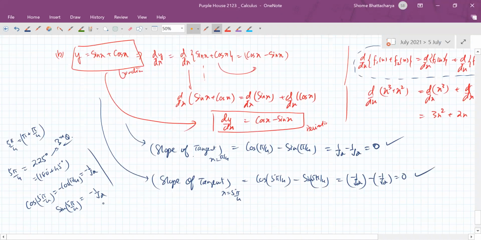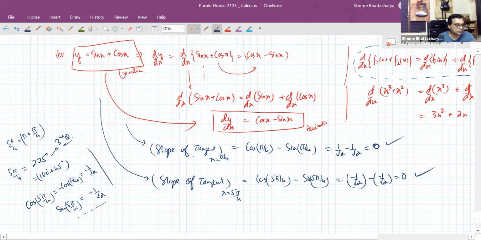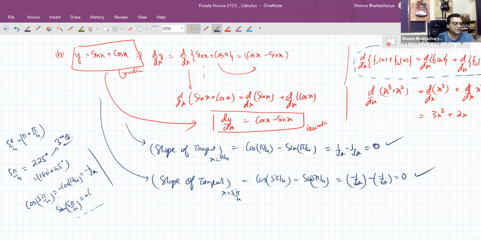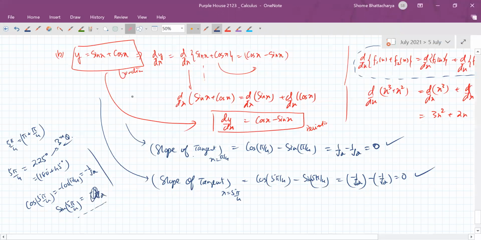That's how we got this. Got it now? Yes, sir. Sine of 5 pi by 4, there's one step in between. It's minus of sine pi by 4, so this is in the third quadrant. Yes, sir. But that pi by 4 is that unique value where sine and cos are the same.